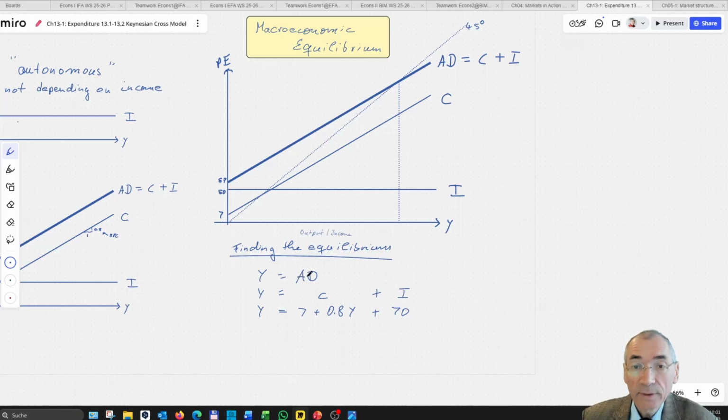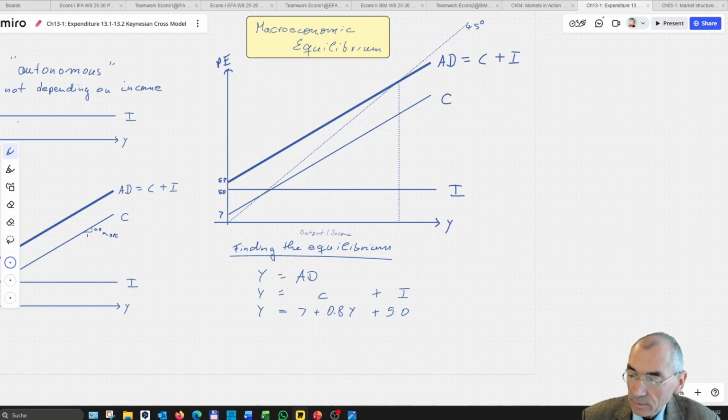Y equals aggregate demand. Aggregate demand is defined by consumption plus investment. That's this bigger line here, AD, C plus I. And the value for consumption, the example in the book, is 7 plus 0.8y. The example for investment is 50. At which value of y do the two intersect?